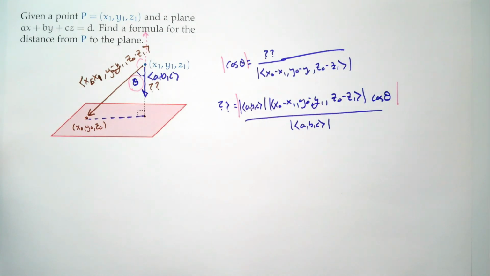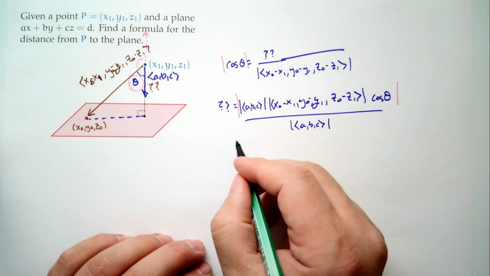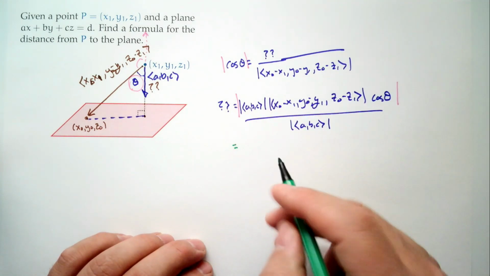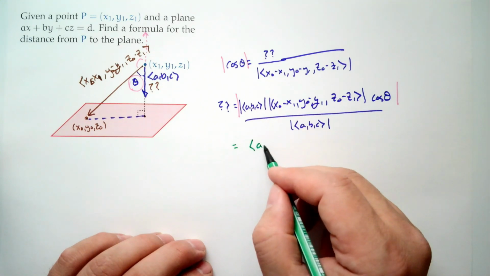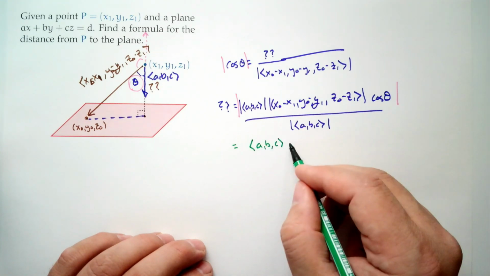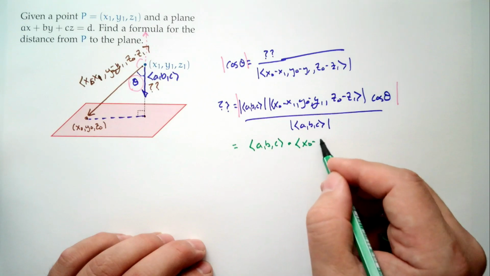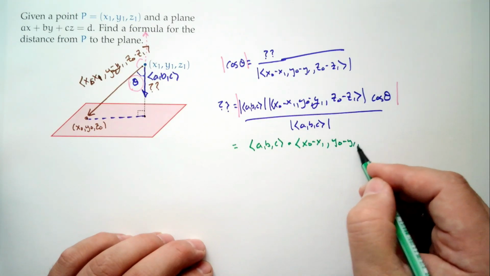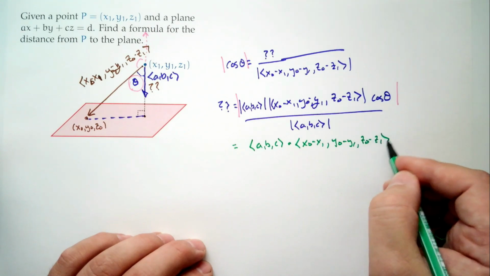Now, believe it or not, the hard part is done. And I hope you believe that. Here's the beautiful thing. This is a dot product. So we can write this as ABC dot this vector, x0 minus x1, y0 minus y1, z0 minus z1.